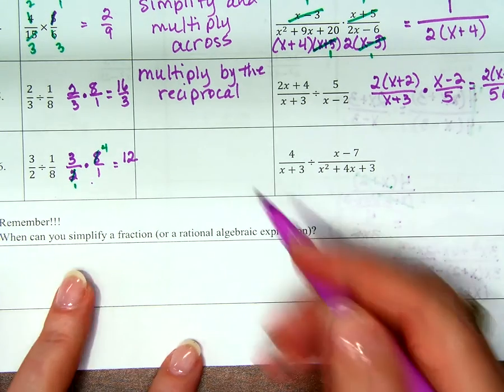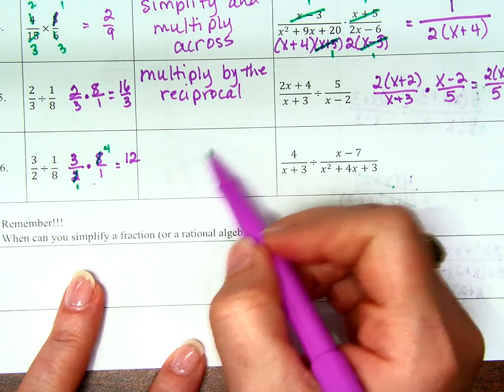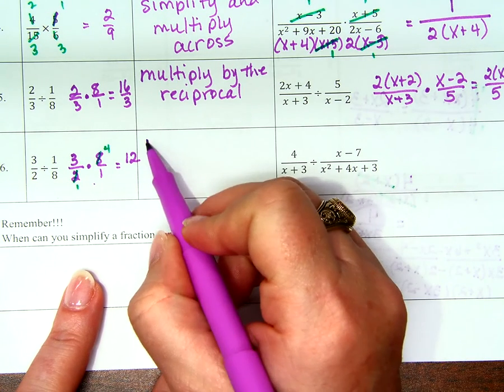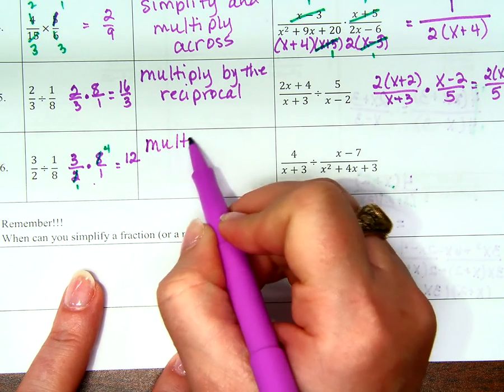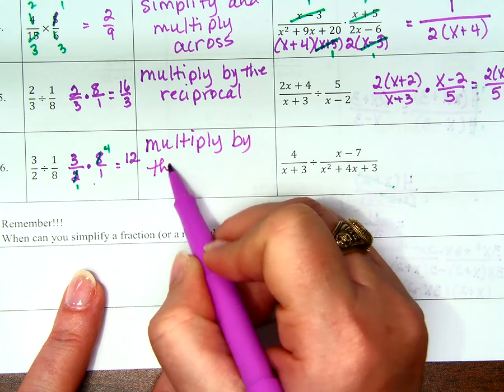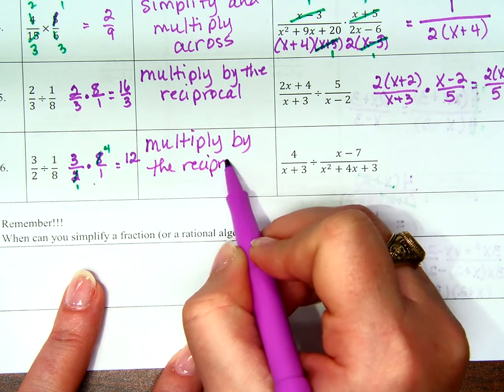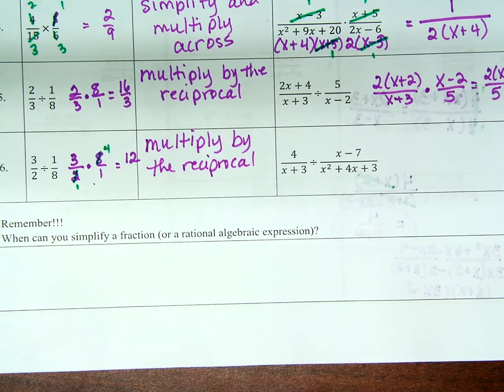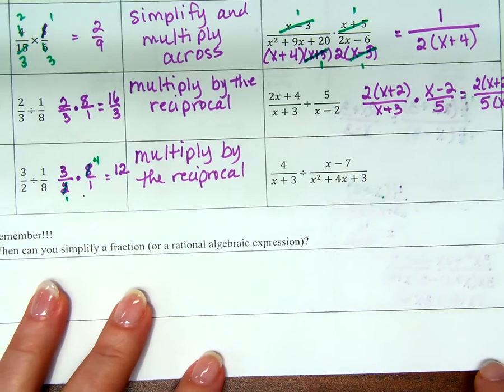Okay. What were the rules that I used here? Can I show you a little tiny shortcut here?